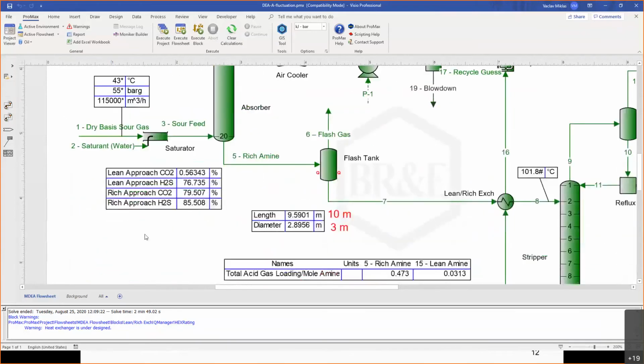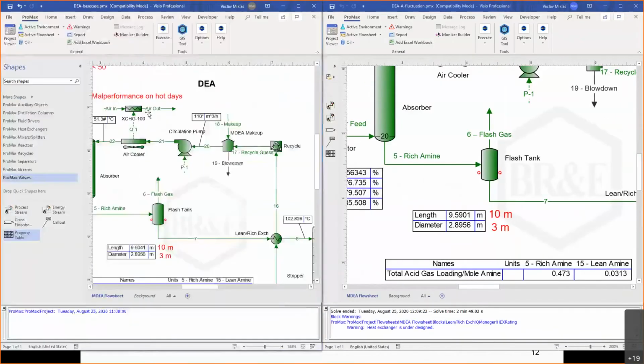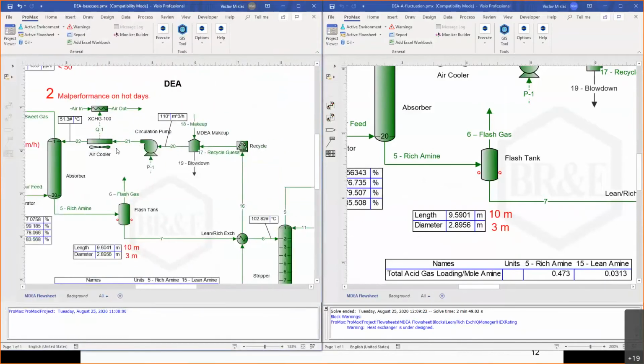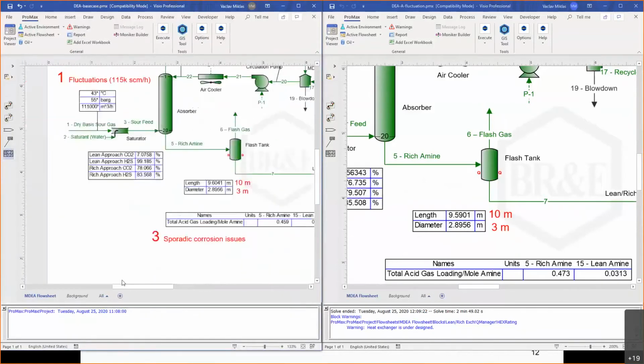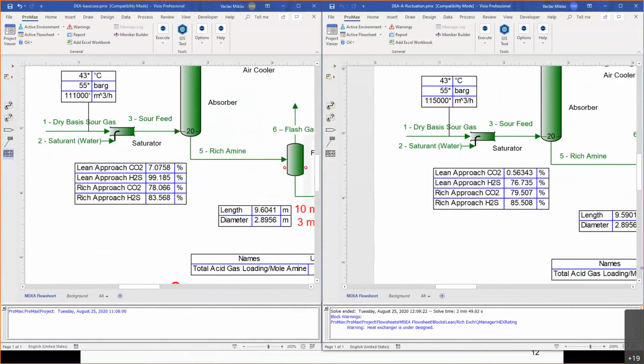If we take a look at the approaches and we compare it to the base case, so I can easily put it side by side like this, we will see that the rich approach has gotten worse, which definitely makes sense.